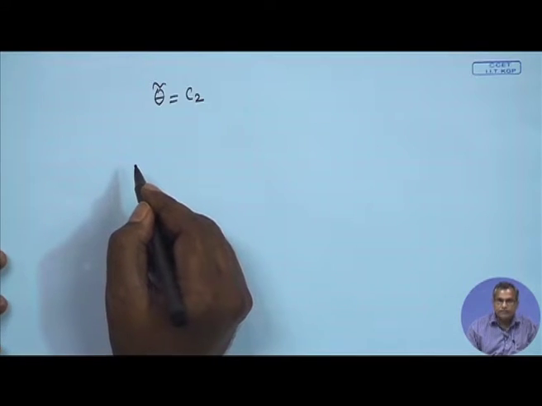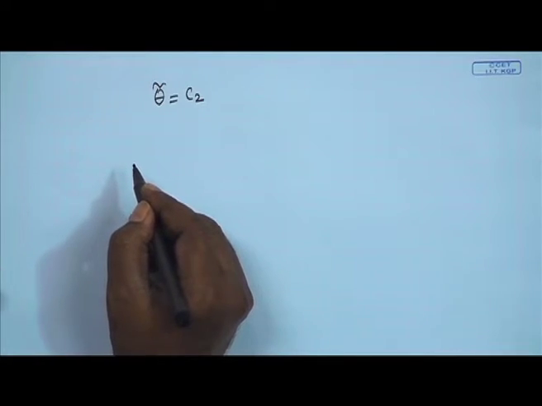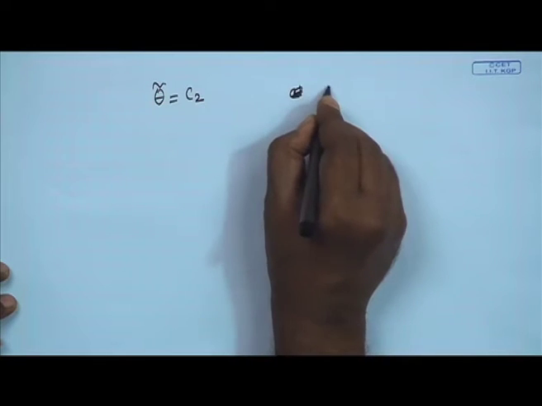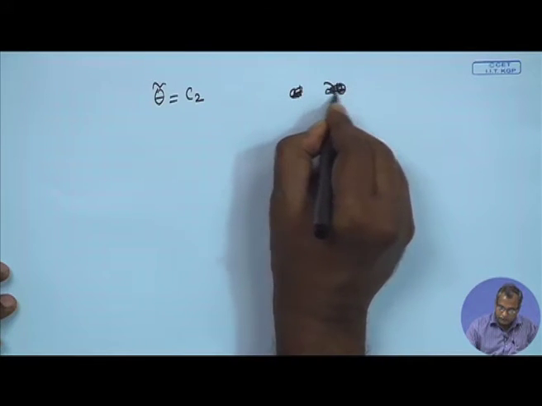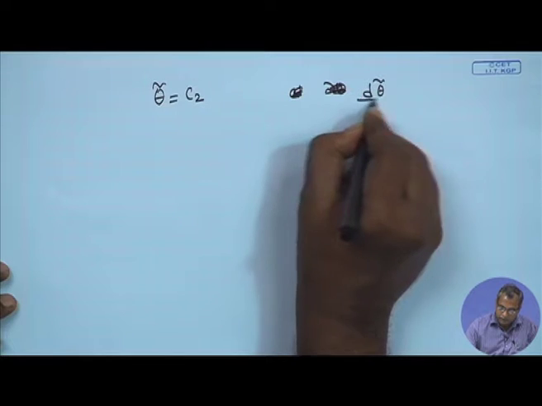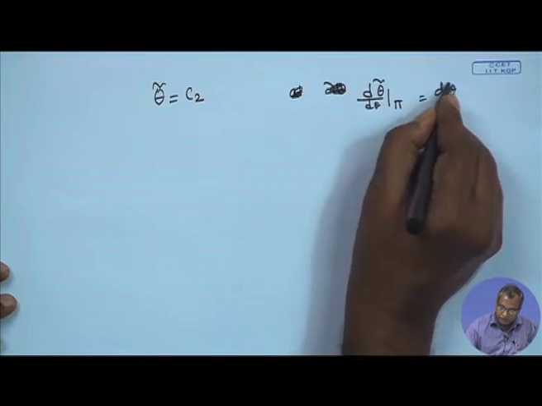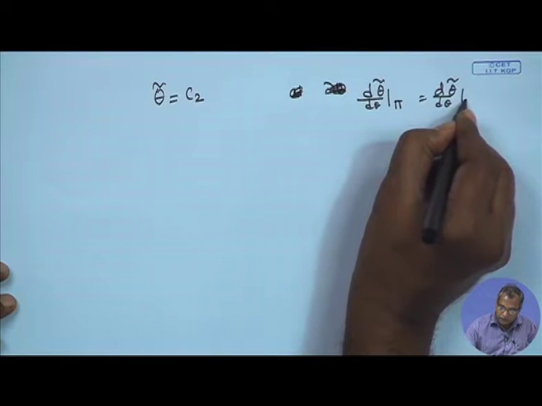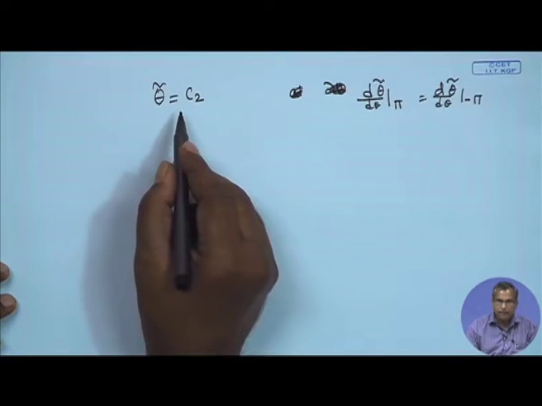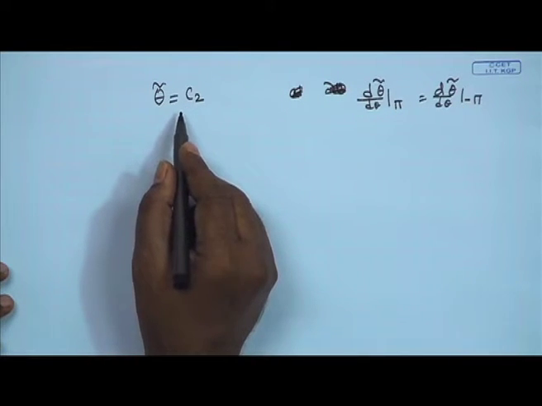Let us see the other boundary condition and what the solution implies in terms of it. The other boundary condition is d theta hat d theta at pi is equal to d theta hat d theta at minus pi. Since theta hat is a constant and it is a solution to this particular problem, its derivative with respect to theta is 0.